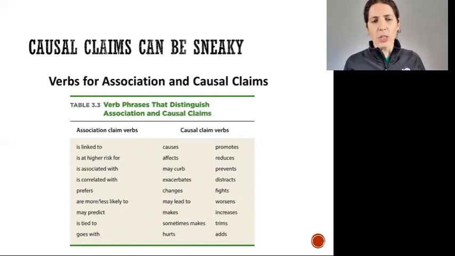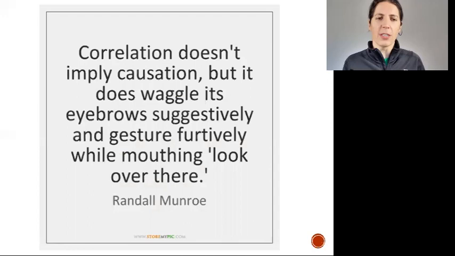So correlations and associations are very relevant for causal claims, but association and correlation are not the same thing as causal claims. This kind of ambiguity was captured well by the author of the XKCD comic when he wrote, "Correlation doesn't imply causation, but it does waggle its eyebrows suggestively and gesture furtively while mouthing, 'Look over there.'"